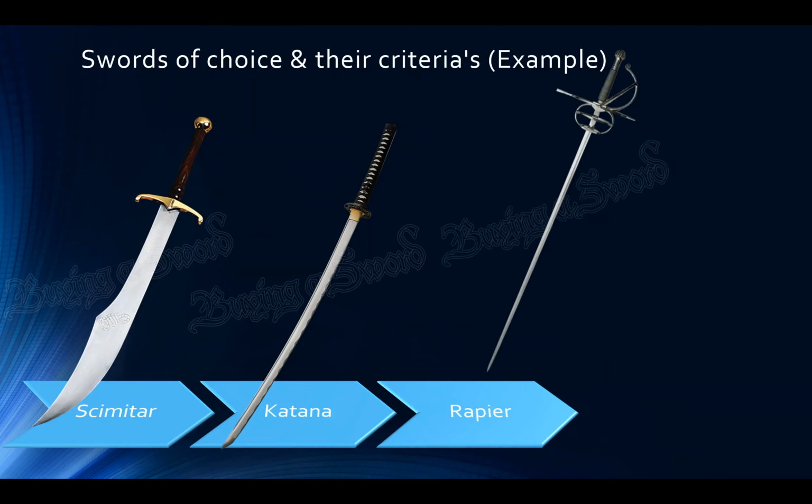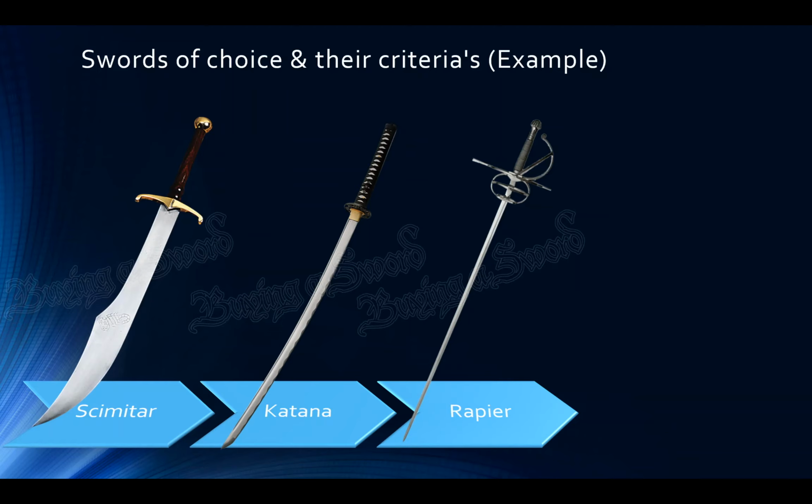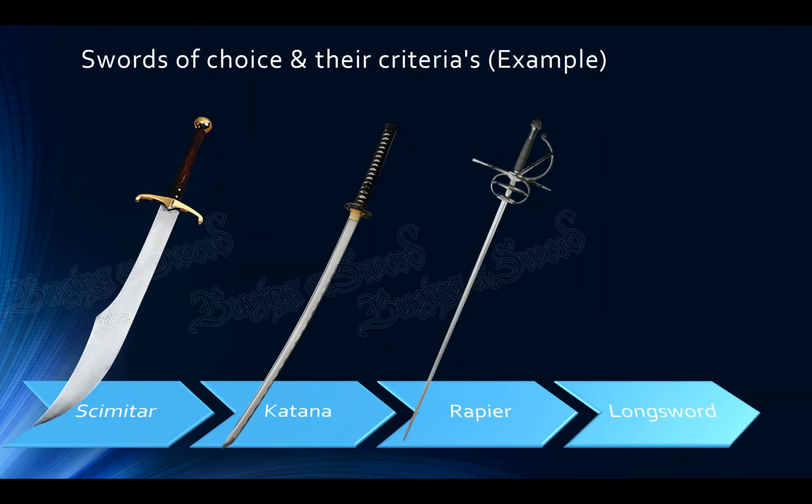Next we have the rapier, which is very straight and very slim. It has a short handle, and the hand guard is very curved, which gives it a distinctive shape. For the longsword, it looks somewhat between the katana and the rapier, except it's a little broader like the scimitar, which is a little bit of a challenge for the AI to differentiate between these types of swords.